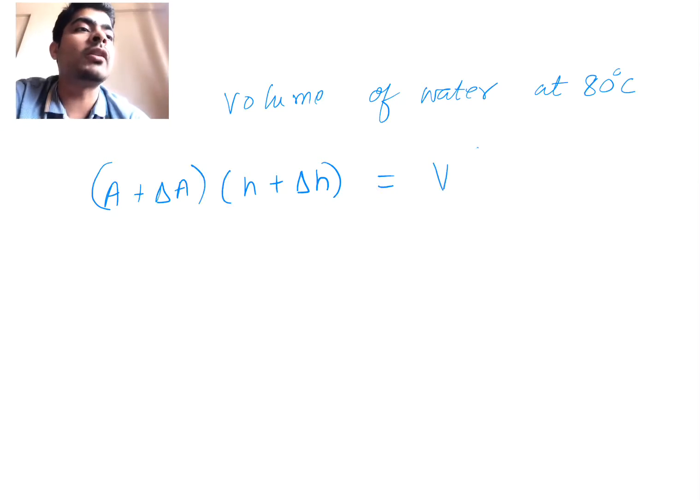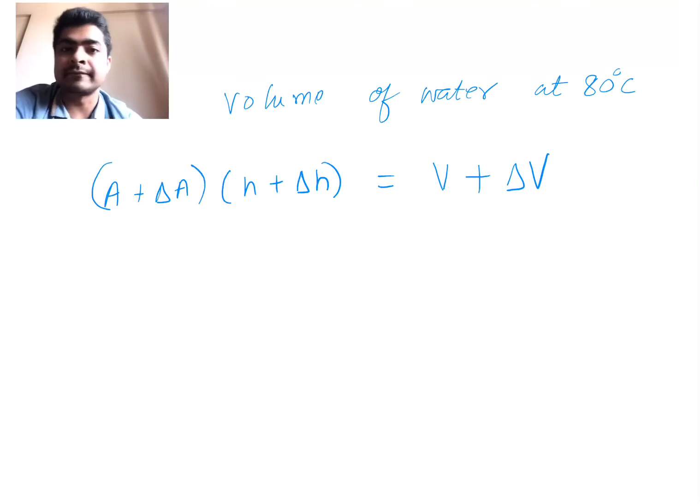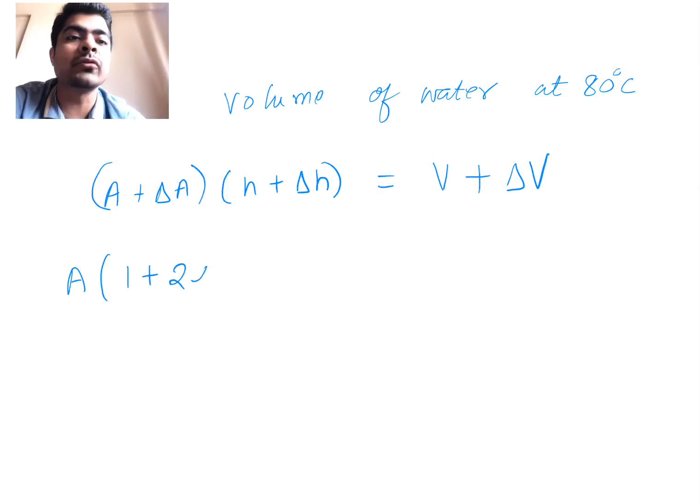So the new volume will also be equal to the original volume plus the change in volume of water, delta V. So I could write this down. What is A plus delta A? A times 1 plus 2 alpha of aluminium into theta, times H plus delta H.